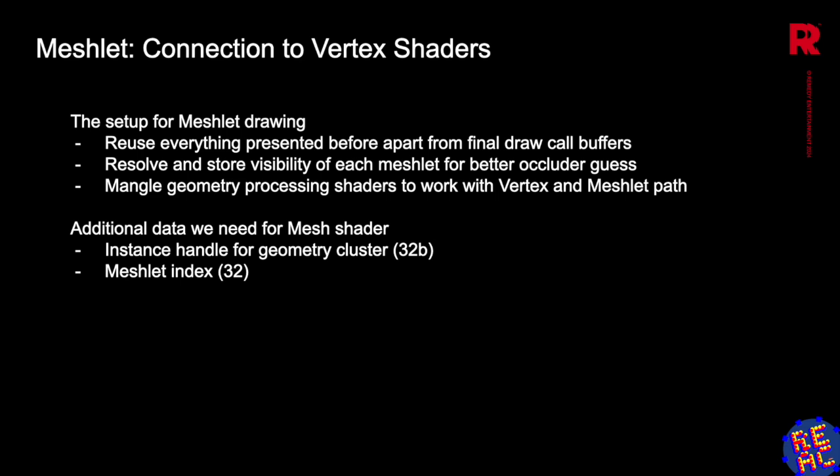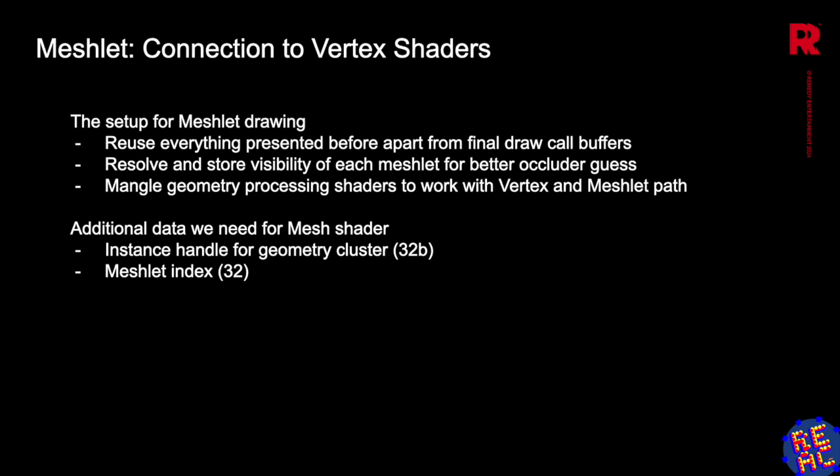In our case, the meshlet can contain up to 64 triangles. Our main motivation with the meshlet rendering is to achieve more accurate culling. We add a step that does per meshlet culling and will modify all the material shaders to work with both vertex and meshlet shaders to avoid code duplication.